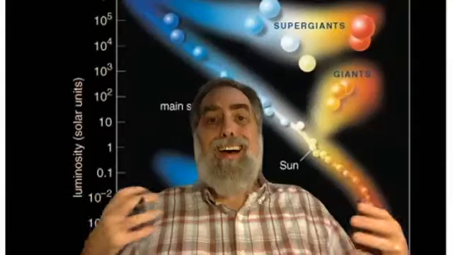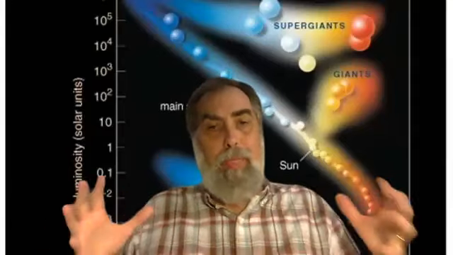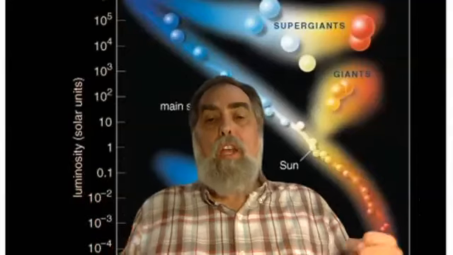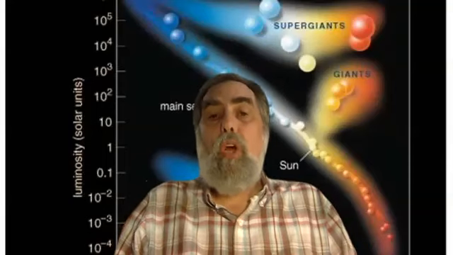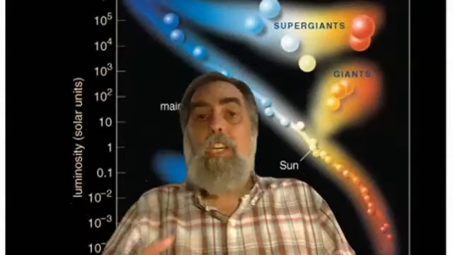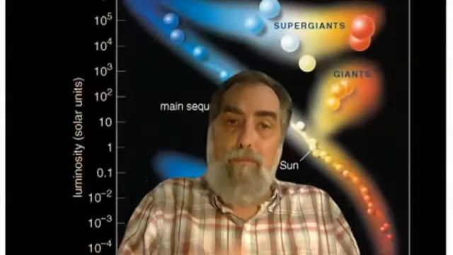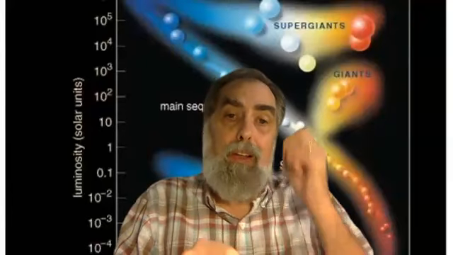Gravity is pushing in, and pressure is trying to push it all apart. A star is always about the balance of those two things. What determines the pressure inside is how much heat it's producing, how much energy it's generating. So the changes in the life of a star are mostly about how the energy generation is changing.